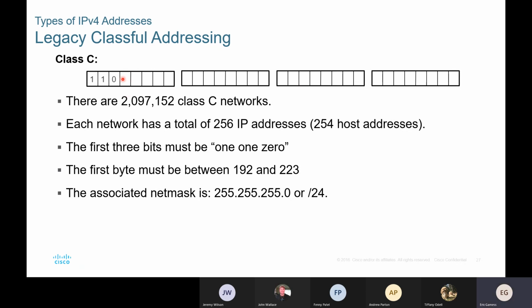Okay? So it's 2 times 2 times 2 times 2 times 2 up to times 2. So it's 2 to the 21, and 2 to the 21 is this number. So we have 2,097,152 network of class C, a lot of class C network.